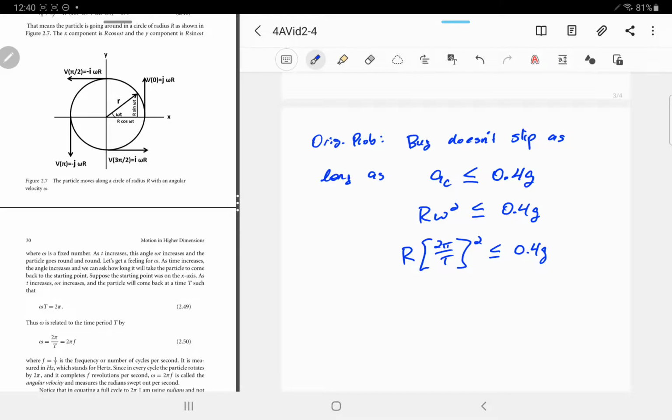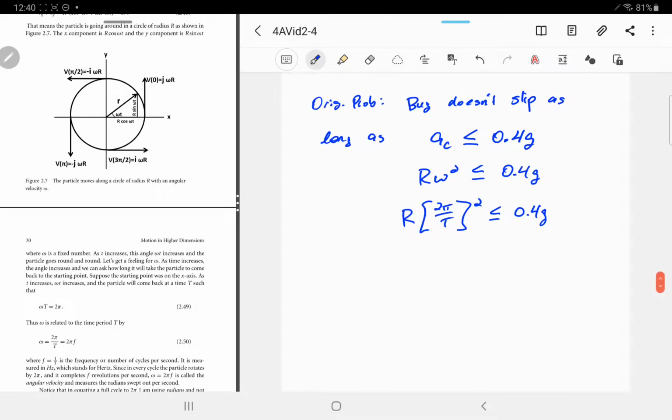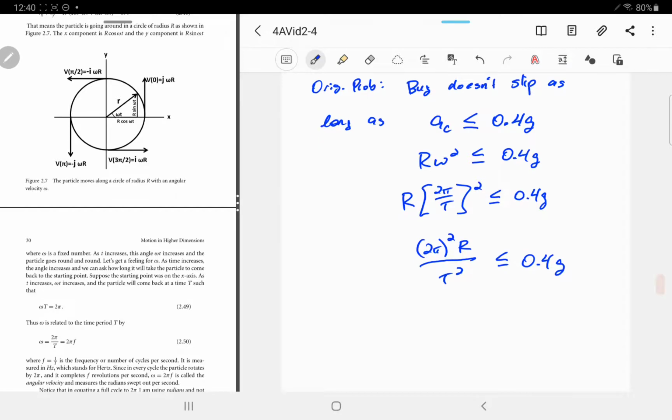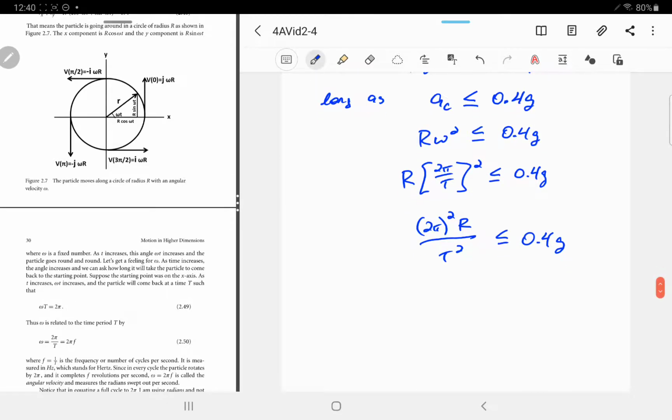And the problem is asking about period. All right, so we want to solve for T. And when I say solve for, we have to be a little bit careful because this is an inequality rather than an equal sign. Right, so it's not too bad though. So we have 2 pi squared times r over T squared is less than or equal to 0.4 g. We can take the reciprocal of both sides, so T squared over 2 pi squared r.